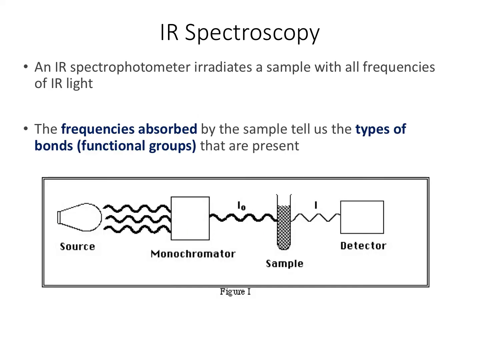So this is a simple schematic for how an IR spectrometer works. Generally we have a light source where the light being emitted is all wavelengths of infrared radiation. And then that electromagnetic radiation is passed through a monochromator that selects just a single wavelength.